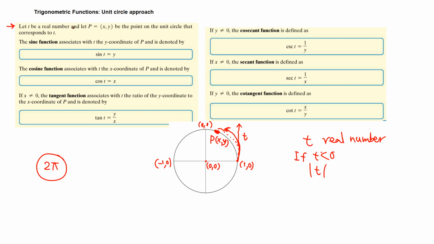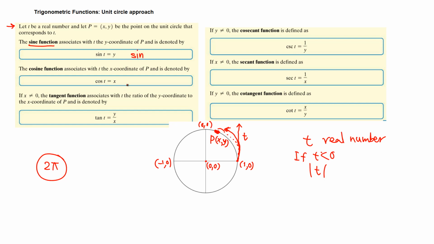Okay, then let's go back up here. Let t be a real number and P be the point on the unit circle that corresponds to t. Then the sine function, we just write sin, but it still says sine of t, is given by the y coordinate. Sine alone does not make sense.